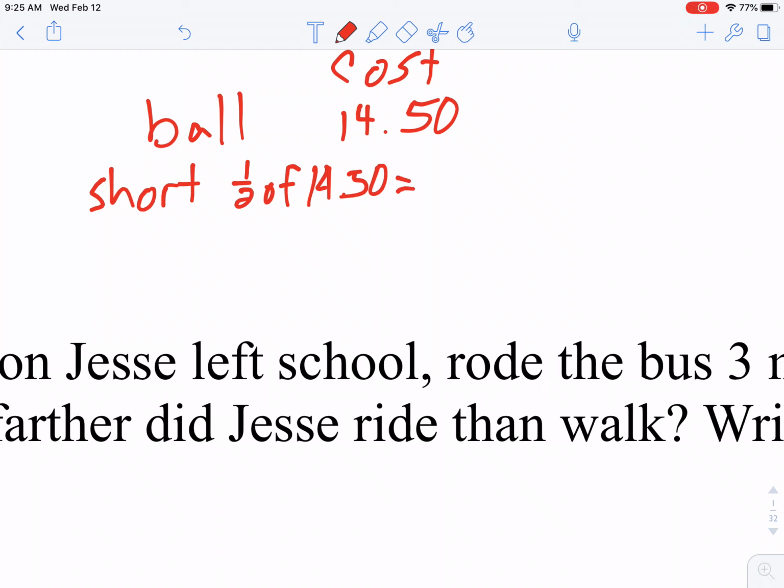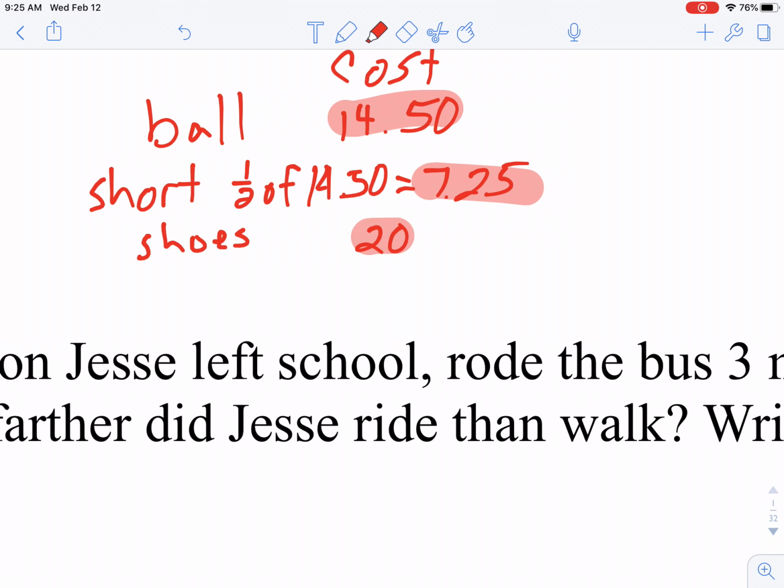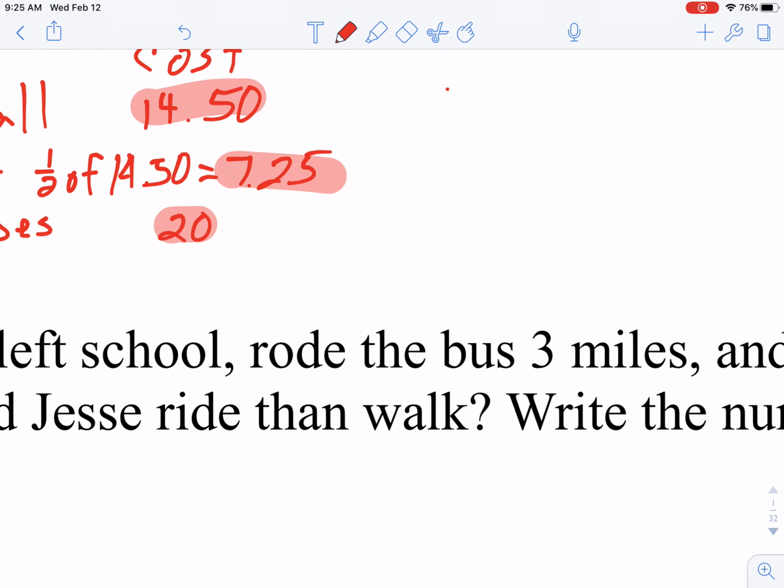So that equals $7.25. And then the shoes cost $20. And so I'm going to add these totals up, $14.50, $7.25, and $20. And I'm going to do that off to the side here, $14.50, $7.25, and then $20.